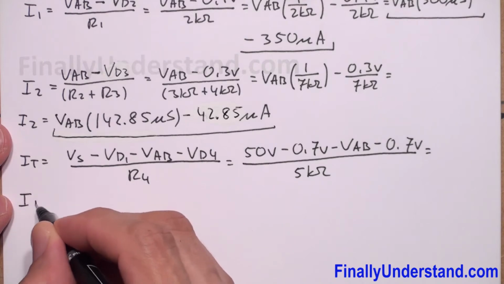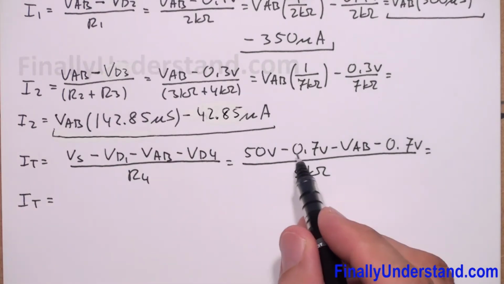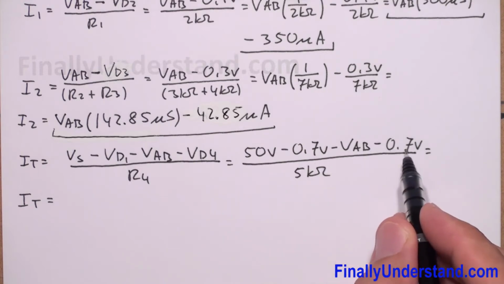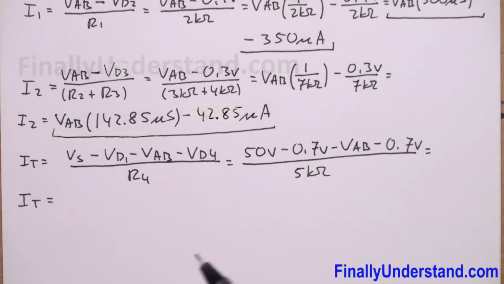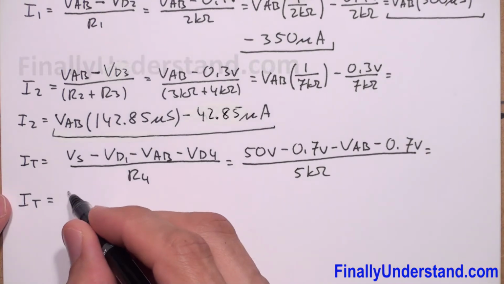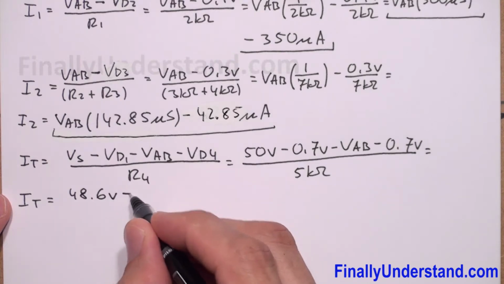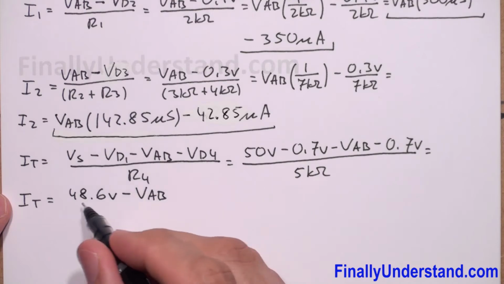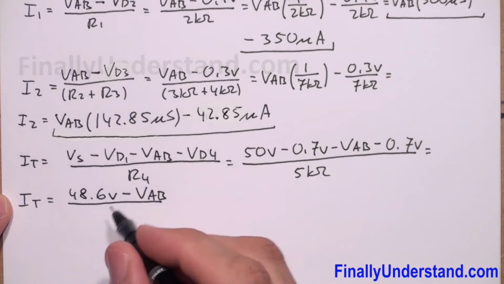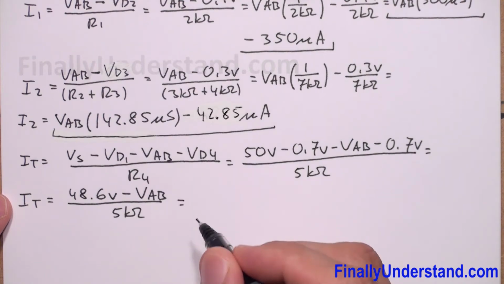So let me write this down: I total is equal to 50 minus 0.7 volts and minus 0.7 volts, which is 48.6 volts. So I have 48.6 volts minus VAB over 5 kilohms.